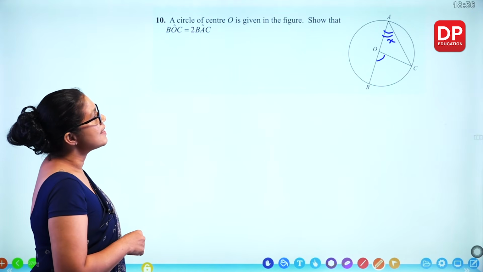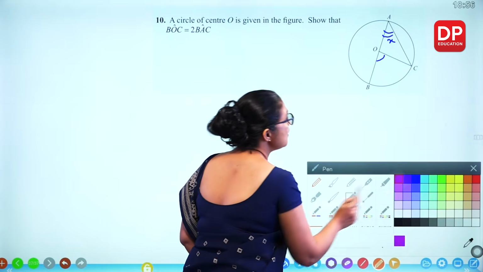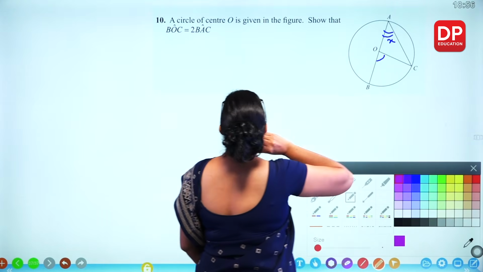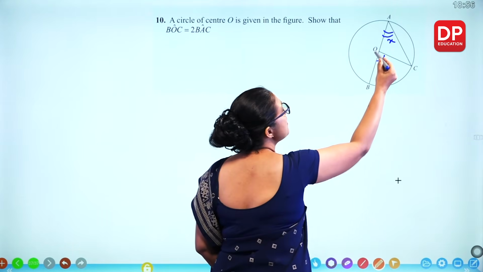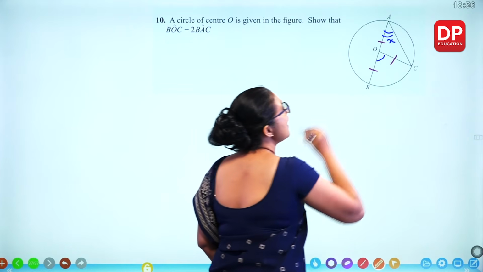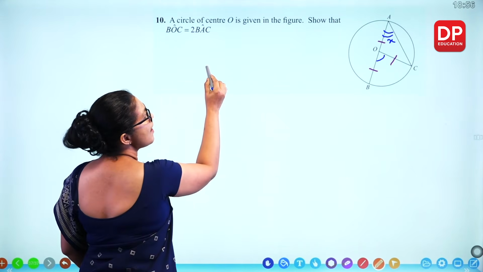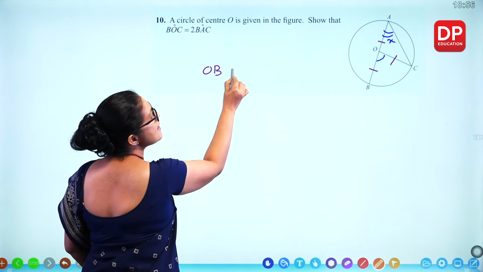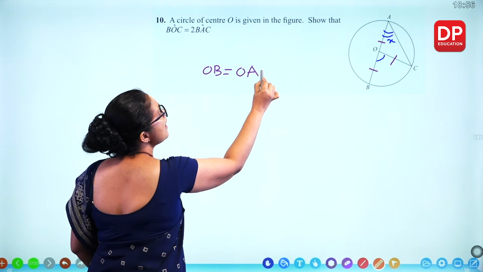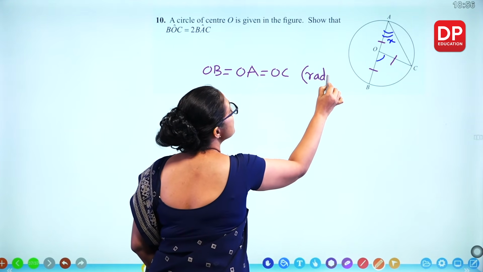We know this is a circle, so we can mark all the given information. O is the center, so that means OB, OC and OA all are radius. So we can straight away write OB is equal to OA is equal to OC, all radius.